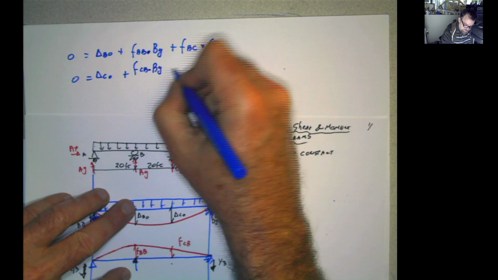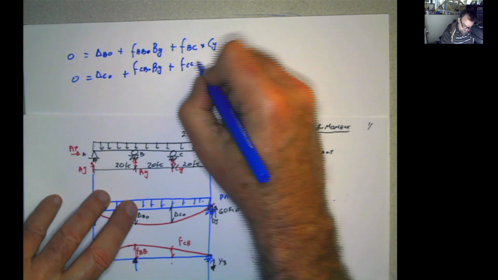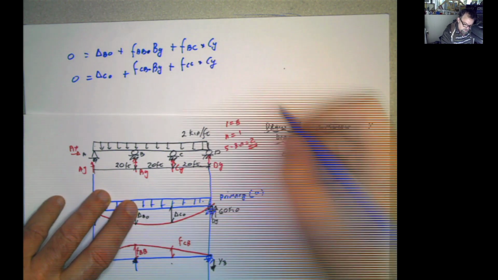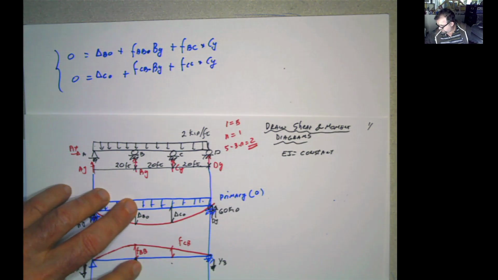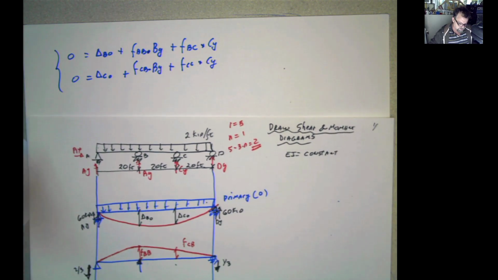So BY plus, now push it here, it's going to be FCC times CY. And now we have a system of two equations with two unknowns that we perfectly can work. Now let's plug in the values that we got before.